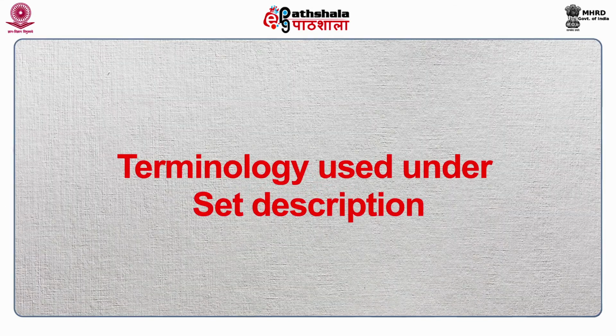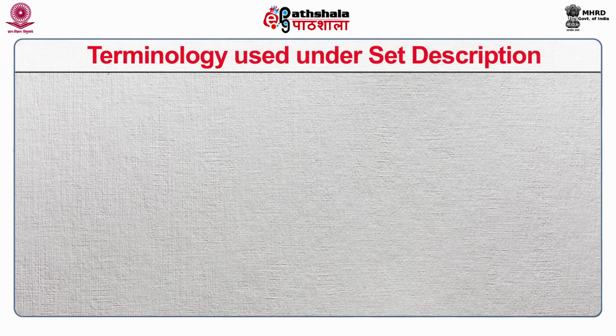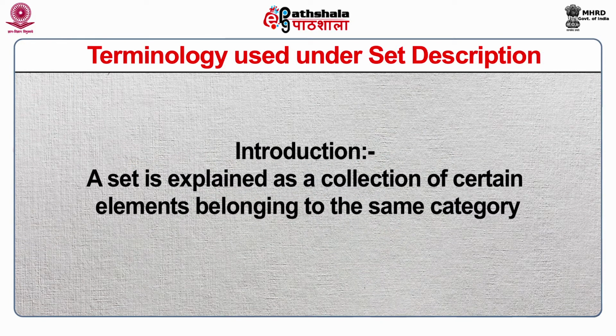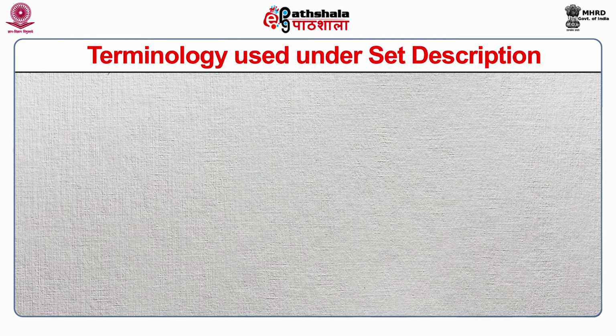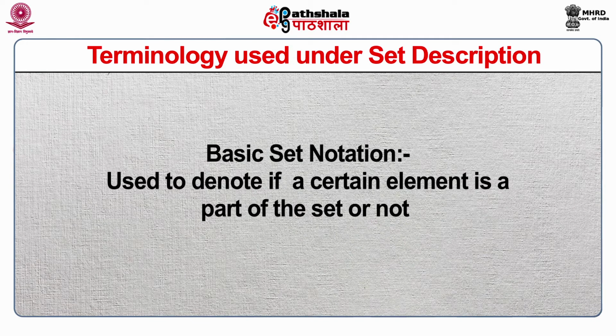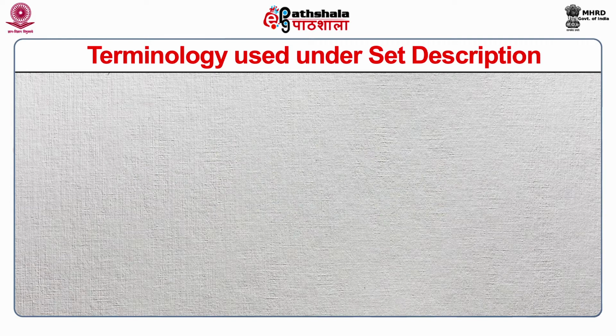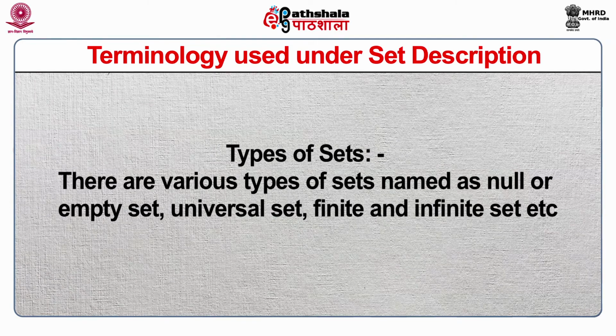The terminologies used under the set description. First, the introduction: a set is explained as a collection of certain elements belonging to the same category. Second, the basic set notation. It is used to denote whether a certain element is a part of the set or not. Then, the types of sets.